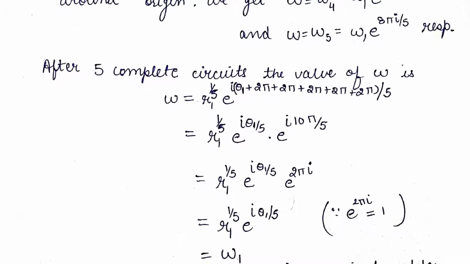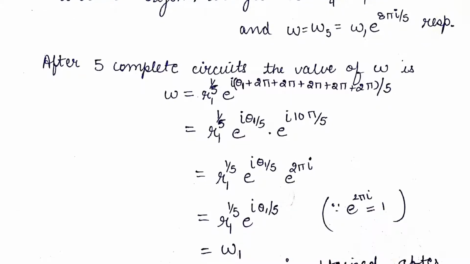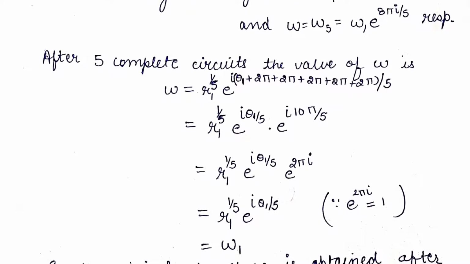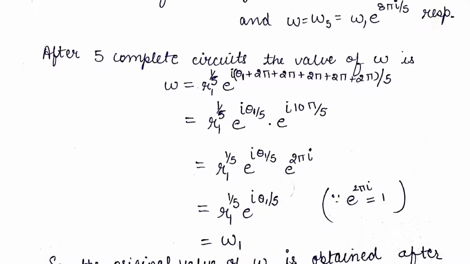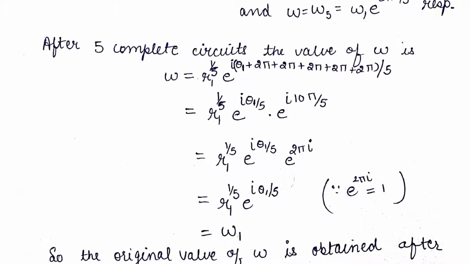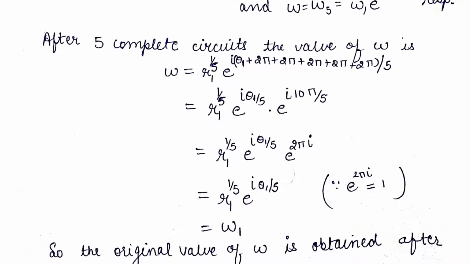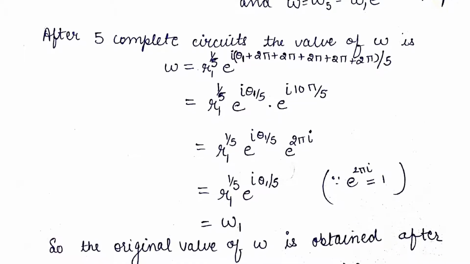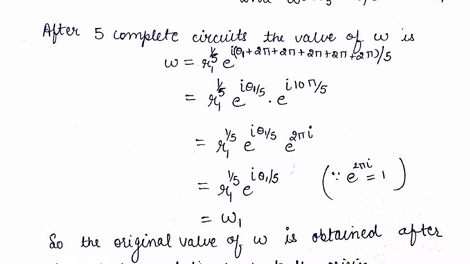And to remain on the same branch of the function, we have to restrict our θ. Suppose we are restricting θ, that is, θ is greater than or equal to 0 but strictly less than 2π.